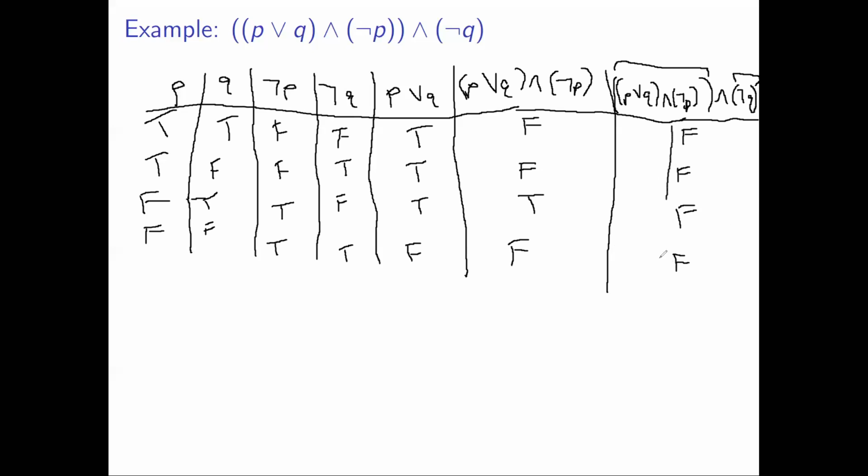So that means this last column, everything is an F. They're all false, regardless of the truth values of the propositional variables. So this is a contradiction. So now we can move on to another term.